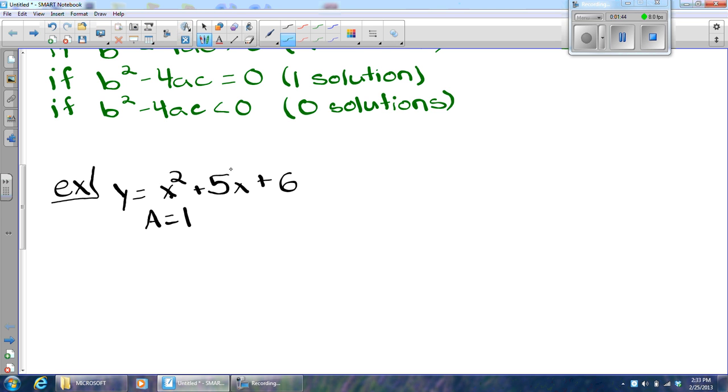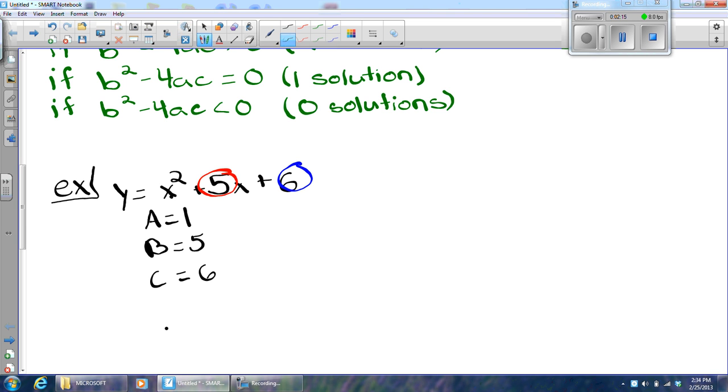B is this coefficient here, this 5. So B is going to equal 5. And C is 6, the last coefficient here.